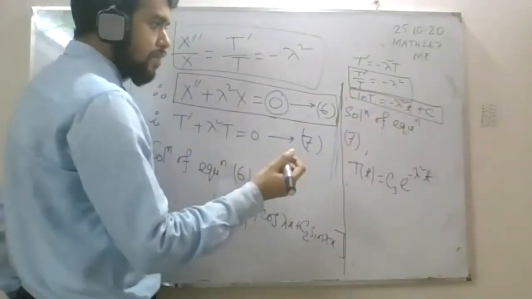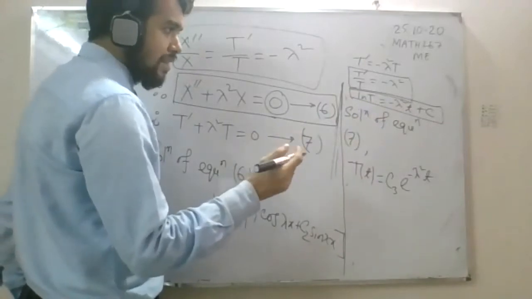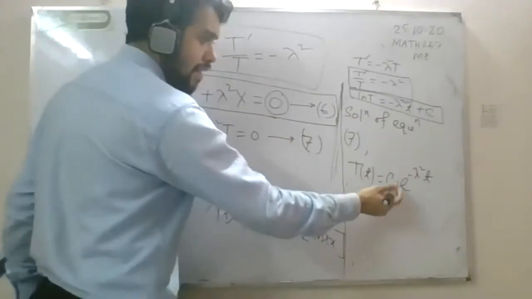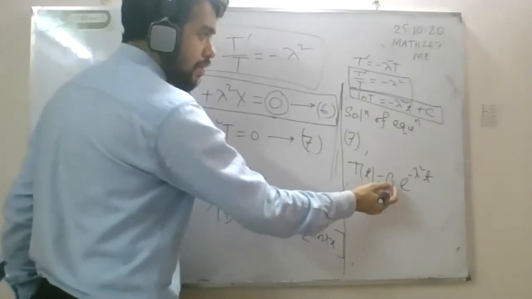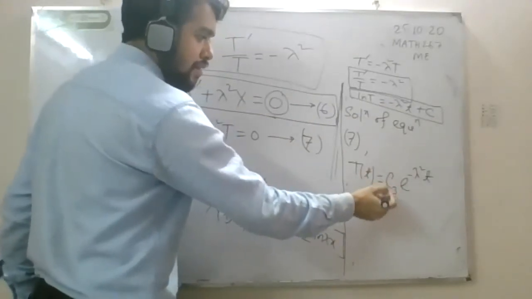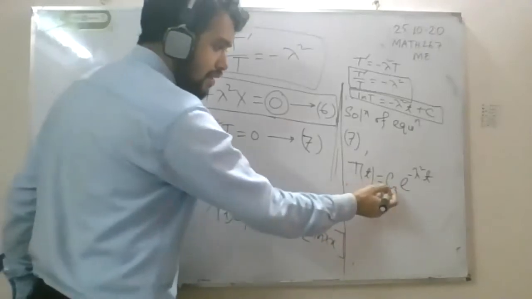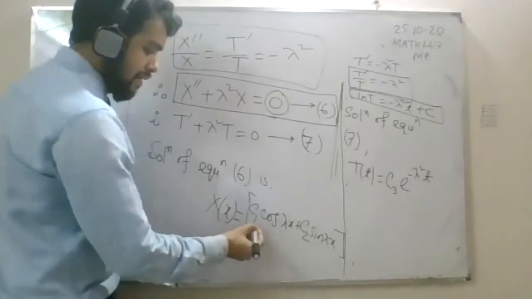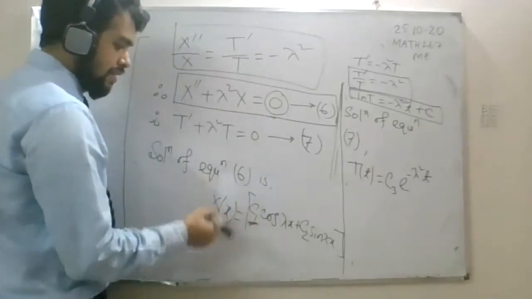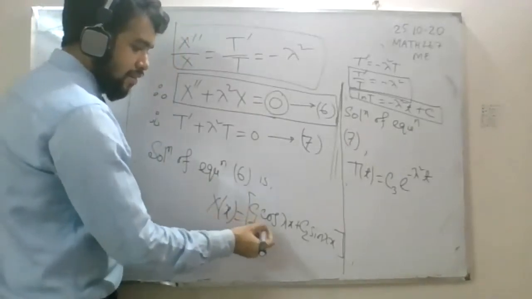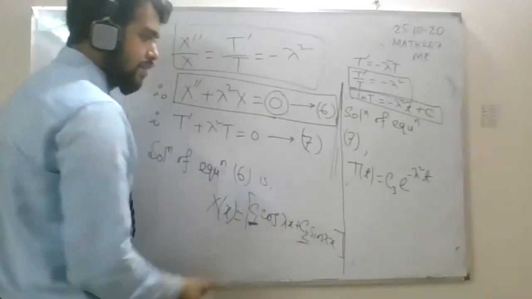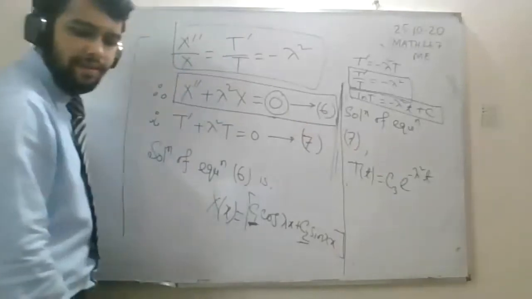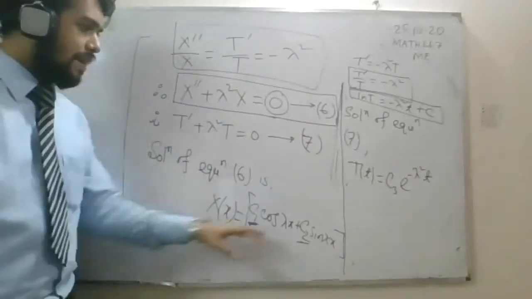Then you can separate this into e to the power c into e to the power minus lambda square t, and let e to the power c be c3. Because for solution 6 the constants are c1 and c2, and for 7 you have to take c3. So this is your X and T.